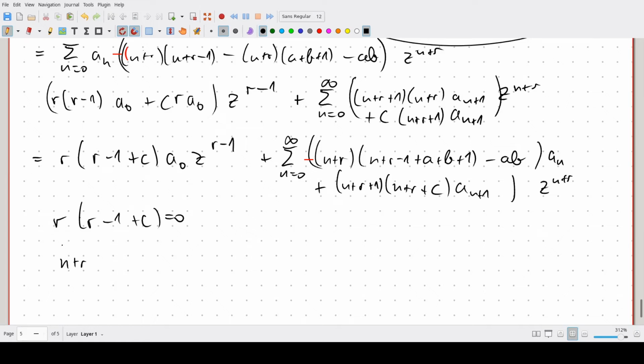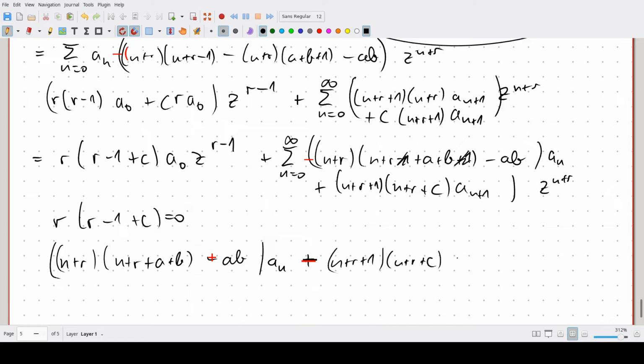n plus r, well, minus 1 plus r cancel out, plus a plus b minus ab, a n, plus n plus r plus 1, n plus r plus c, a n plus 1, is 0.